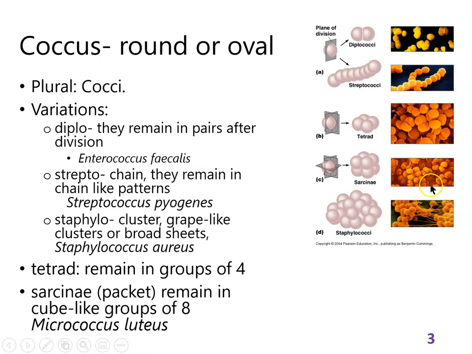And after 3 divisions, they end up with a cluster of 8. I think you can see there are 3 different planes you can separate these on. So these are things we will see. I think most common will be things like diplococci, where 2 of them stay stuck together, streptococci and staphylococci.